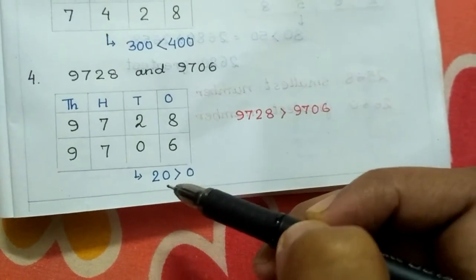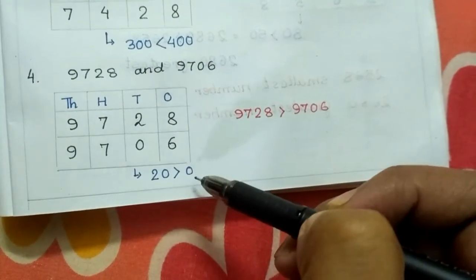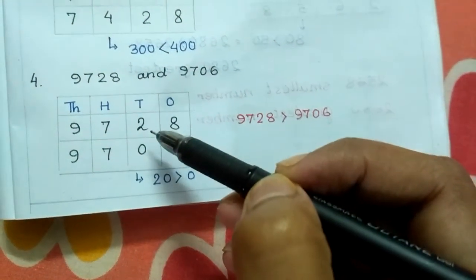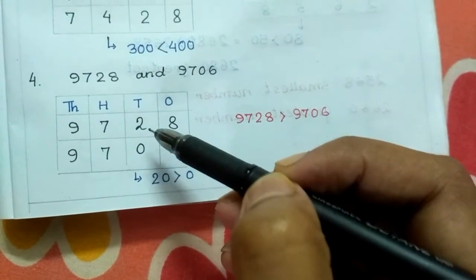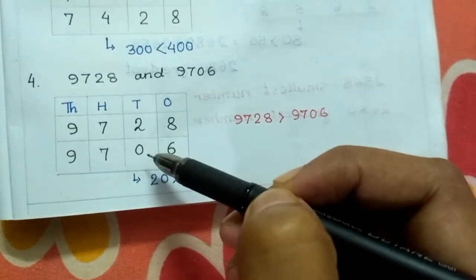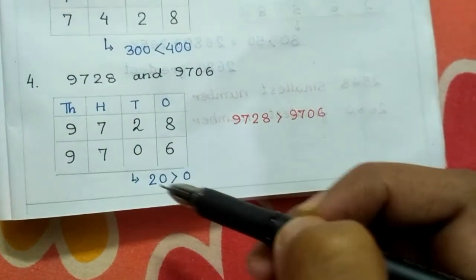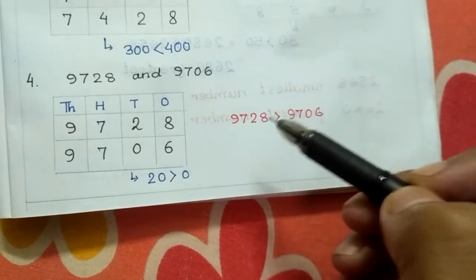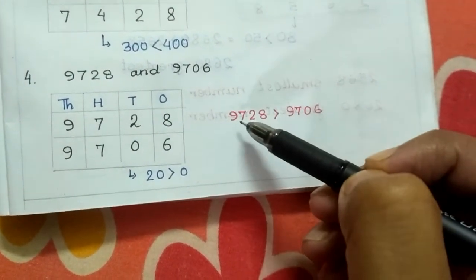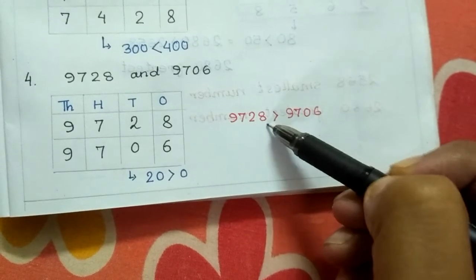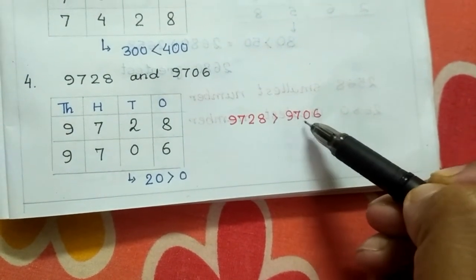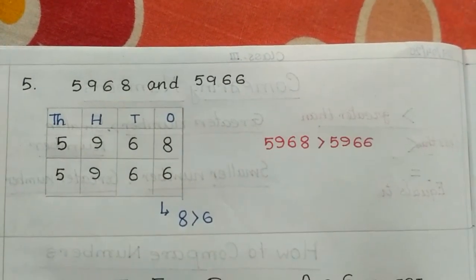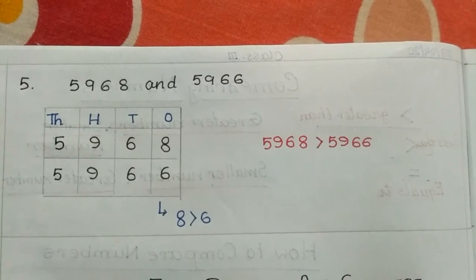So 20 is greater than 0. Why is it 20? 20 means in the segment of tens it is 2. So in the tens segment 2 means it is 20 and 0 means it is none. So 20 is greater than 0. As a result, I can write that 9728 is greater than 9706. This is the last example of comparing the digits or comparing the numbers.